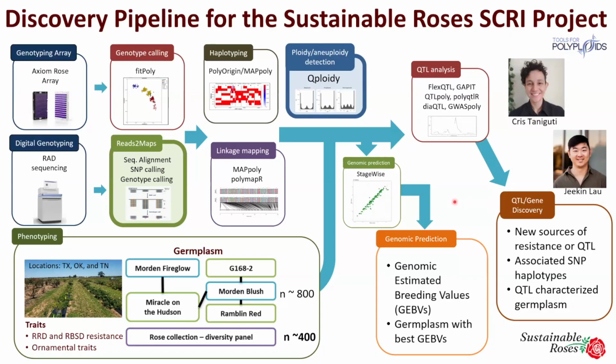Chris is with Breeding Insight, a USDA project at Cornell, and Jikan Lau is now a USDA ARS employee working on peaches in Georgia, I believe. And what you see here is a pipeline of tools that were developed through the Tools for Polyploids project, and Chris and Jikan worked to put those to work for this particular project.